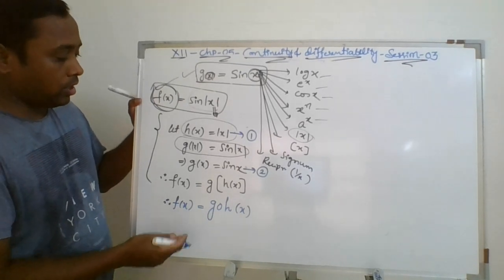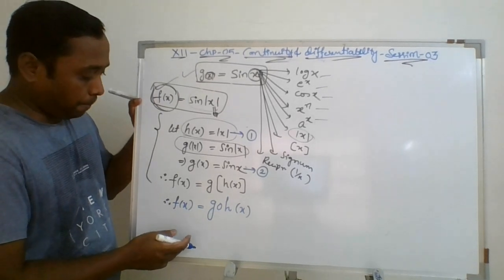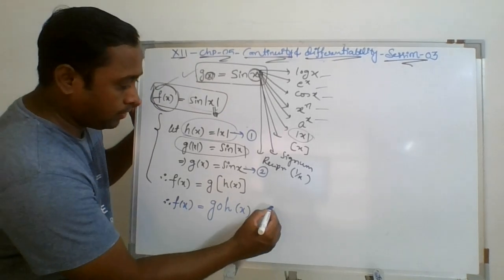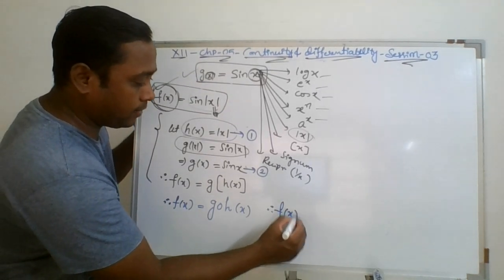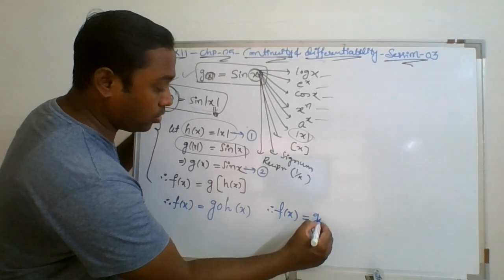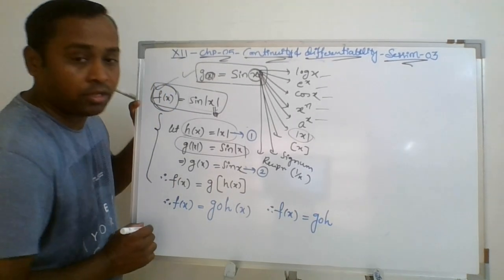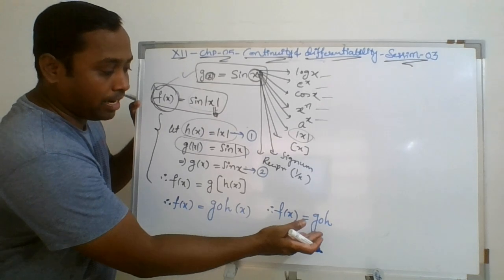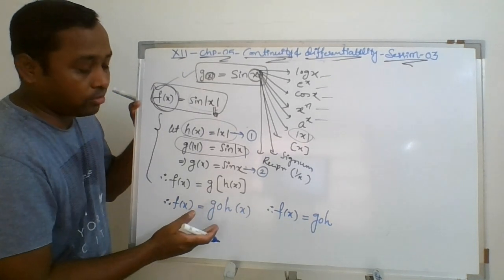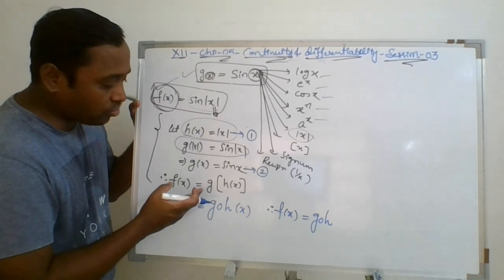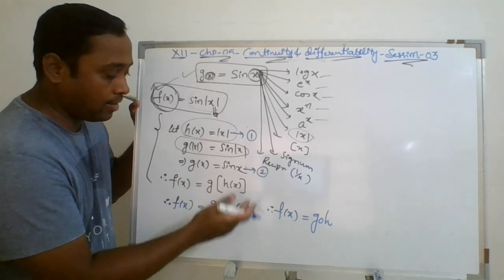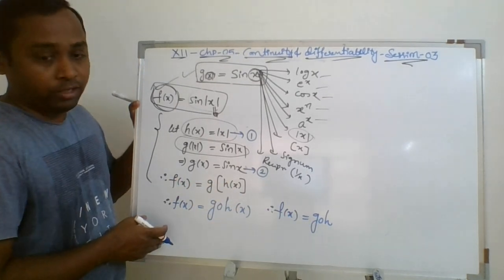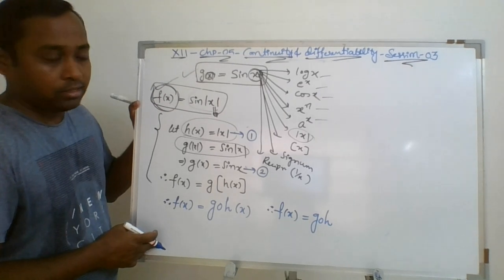So this is the discussion we are taking again. It can also be written, in short, as f of x is simply g circle h. Sometimes we write g circle h, sometimes g circle h of x, sometimes g of h of x. So anyway you can deal with it, but the answer or meaning would be the same.